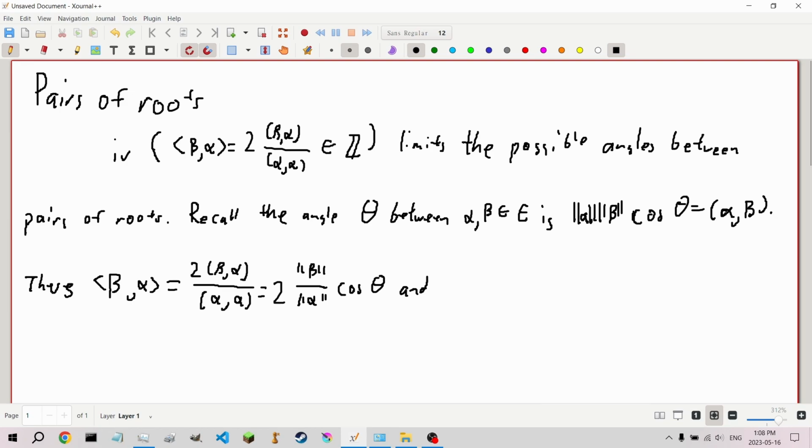And we have that the bracket of alpha and beta times angle bracket of beta and alpha is just 4 times the square cosine of theta.